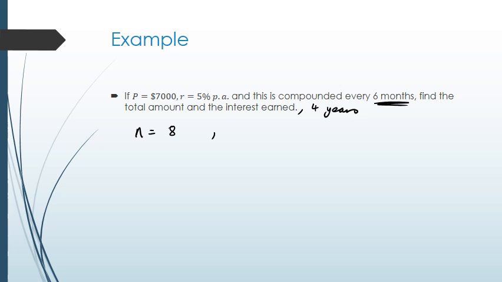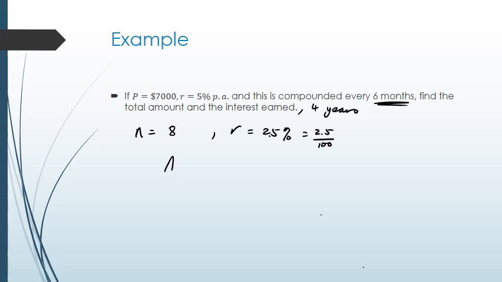So our interest rate is no longer per annum. Remember, per annum means per year, but this is not per year, right? This is every 6 months. Because it's every 6 months, you must only get half that interest, which is then 2.5%, so 2.5 over 100.